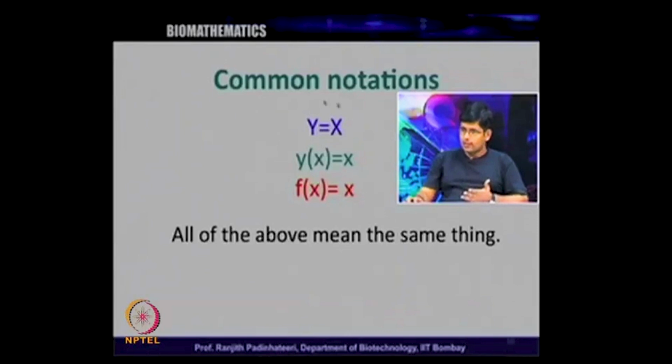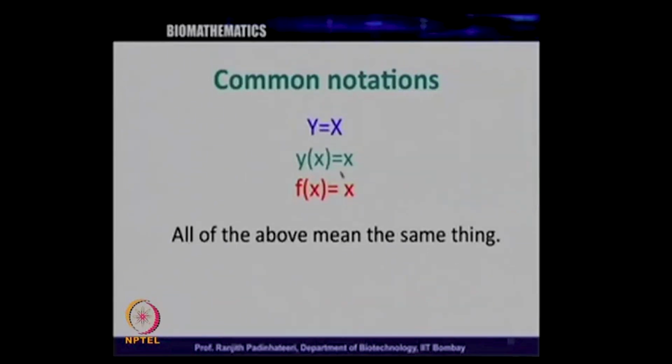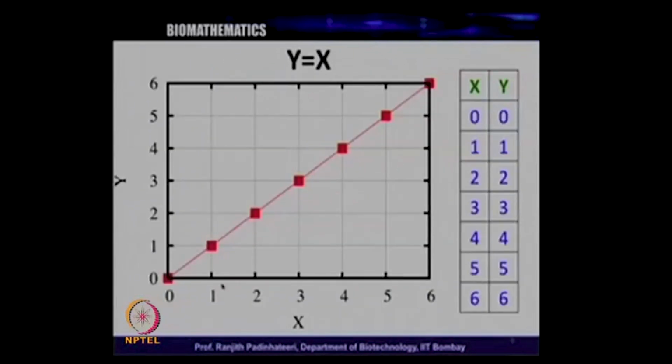This is the simplest way of saying it. There are three different ways which you can see in different places. For example, if you read a book, the book would have written y of x equal to x, or some books would write f of x equal to x. All of this means the curve we just saw. That means for a given value of x, there is a y value which is the same.